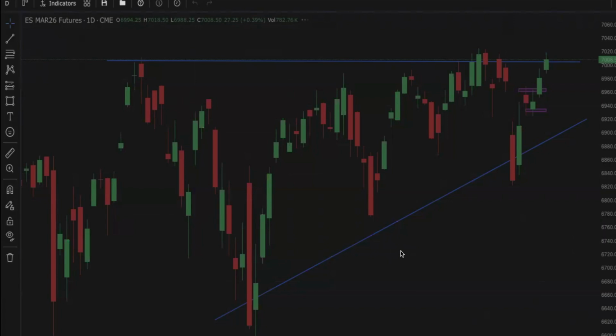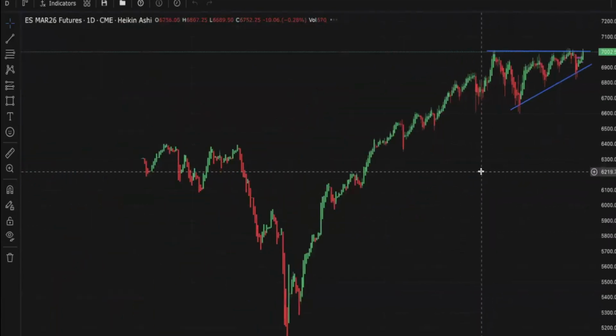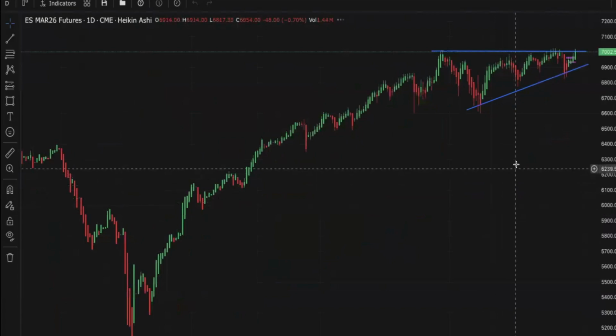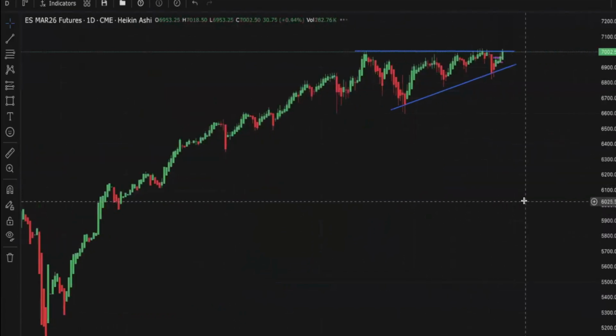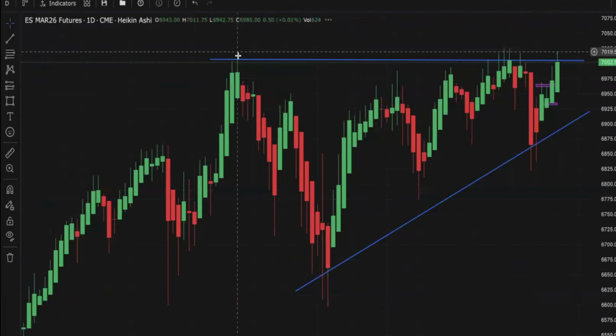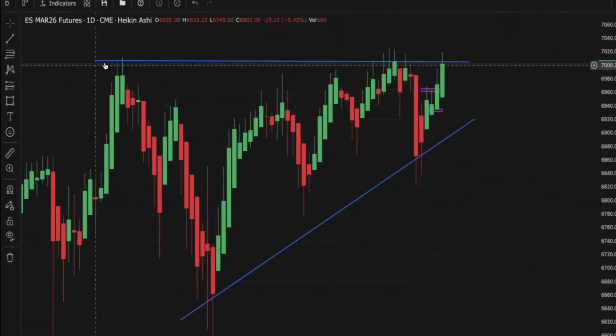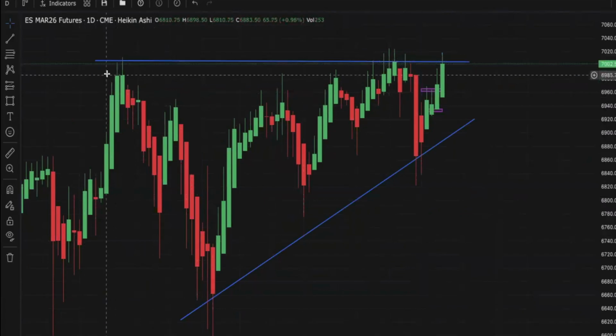So normally the market is bullish, and we get to a very strong resistance. Whenever you have a level, if you're new to trading, this one is a resistance.